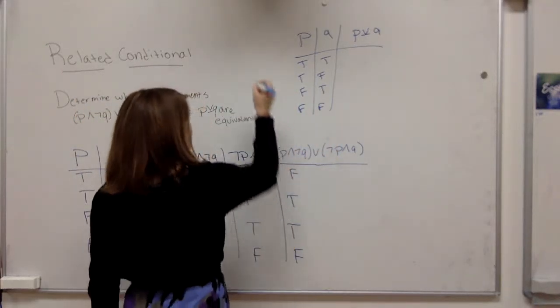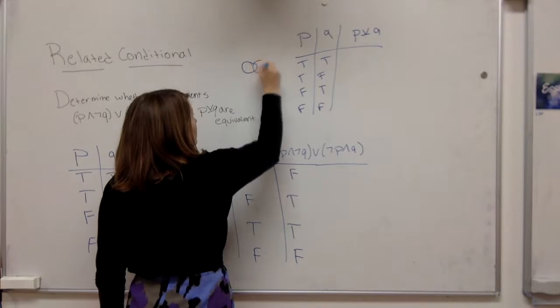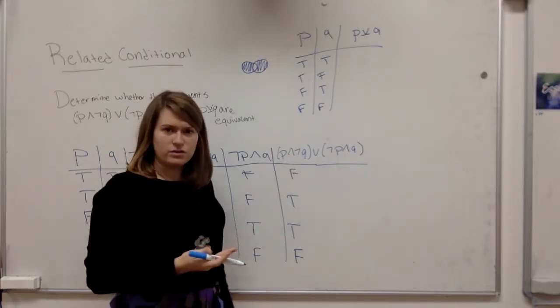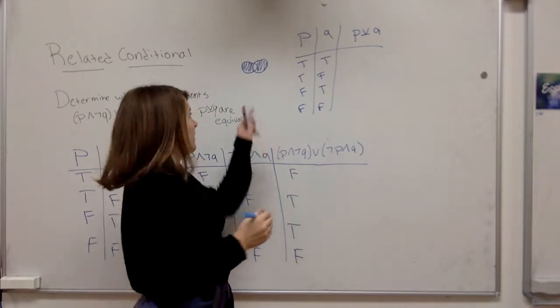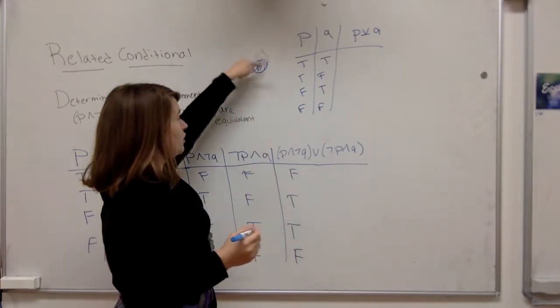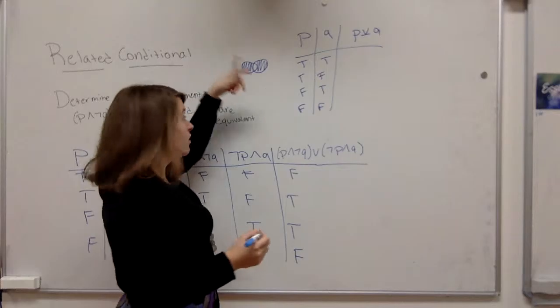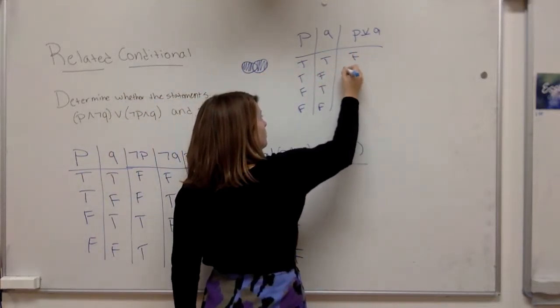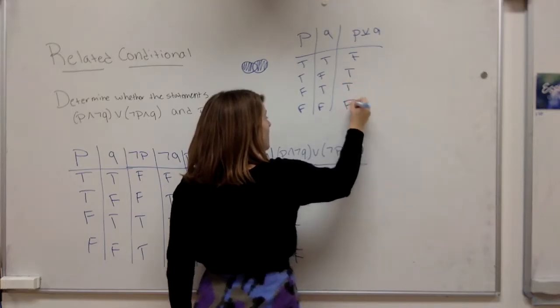It's the one that looks like this. Okay, that's exclusive disjunction. So it has to be in P or Q. It can't be in both. It can't be in neither. All right, so we have true, true, so that's a false. This would be a true, this would be a true, and this would be a false.